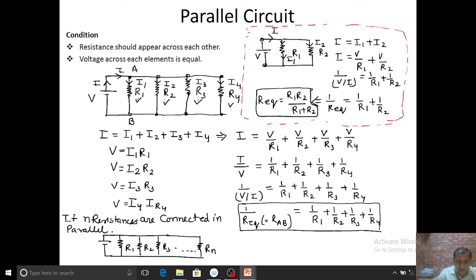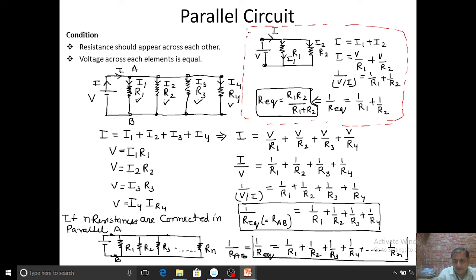So the overall resistance across A to B is written as 1 upon RAB, which is equal to 1 upon R equivalent, is equal to 1 upon R1 plus 1 upon R2 plus 1 upon R3 plus 1 upon R4 and so on, up to 1 upon Rn.